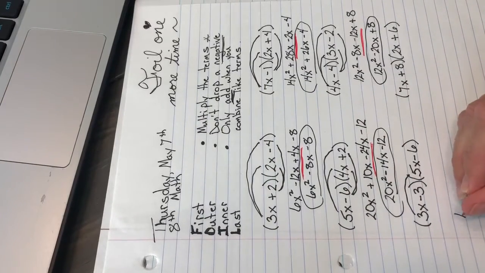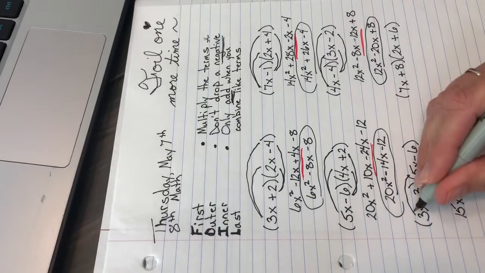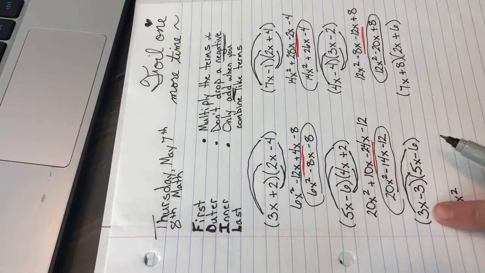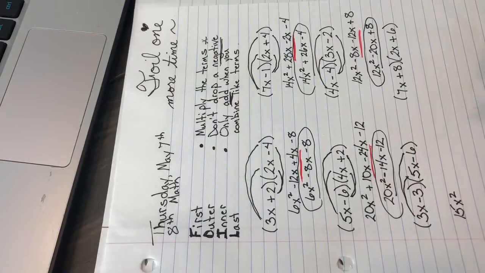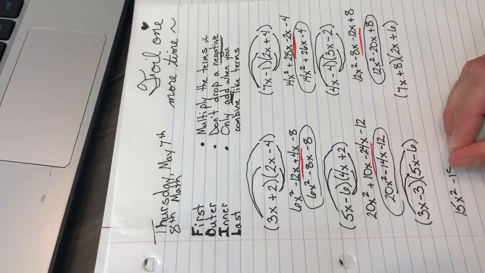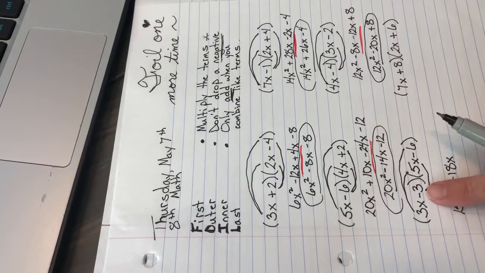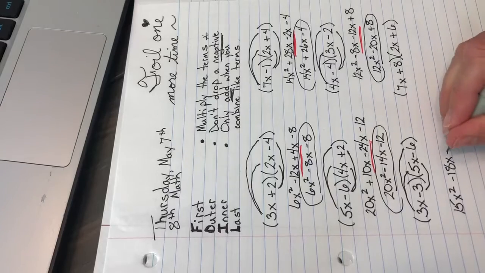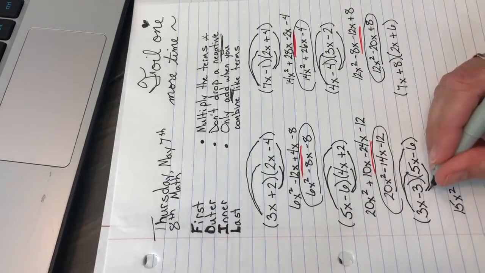First, we get 15x squared. Outer, 3x times negative 6. Keep the negative with the 6. We get negative 18x. Inner, negative 3 times 5x is negative 15x.